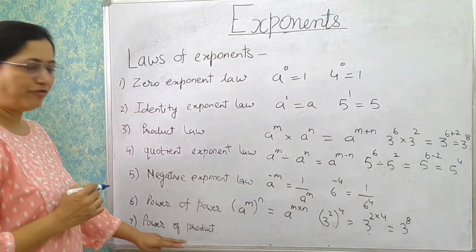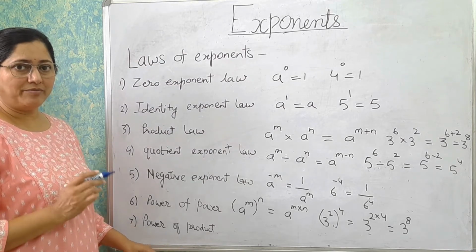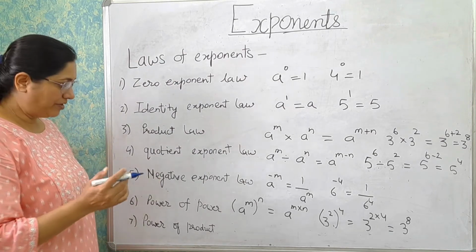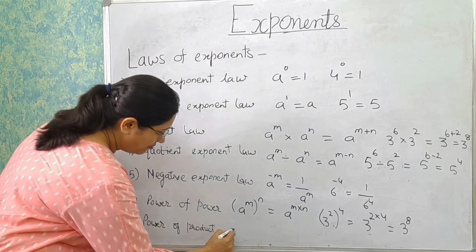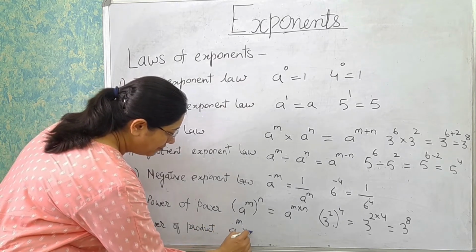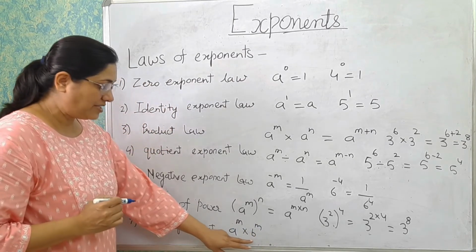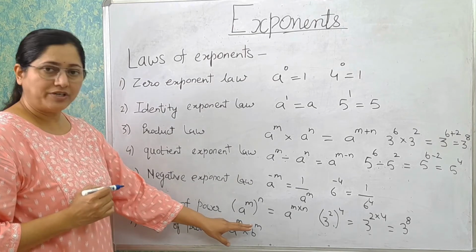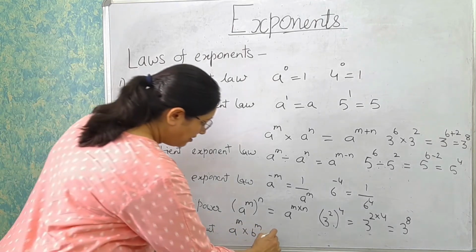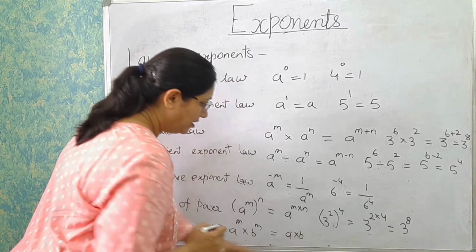Next, power of product. This power of product law is applicable when bases are different. Suppose if I am multiplying a to the power m with b to the power m, bases are different but exponents are same. So I can write it as a multiplied by b.